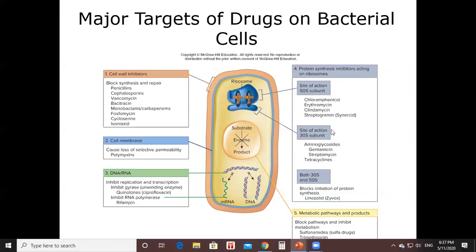So these are different drugs that act on the ribosome. Then you can have metabolic pathways and products that are blocked. These are some of the sulfa drugs, trimethoprim. You start with a substrate, and an enzyme produces a product. These drugs block that metabolic process by blocking the enzyme.